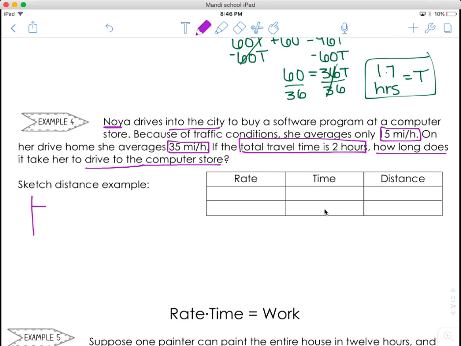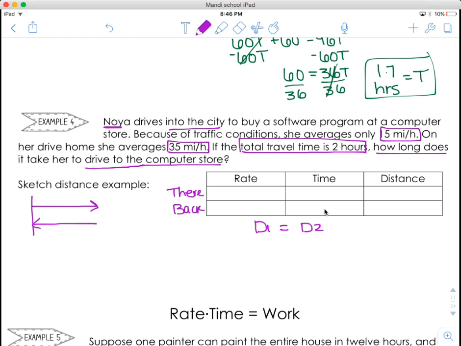She leaves her home, she drives to the computer store, then she gets in her car and she comes back home. So according to the chart that we had at the beginning, this is distance 1 plus distance 2. Nope, how about equals? Distance 1 equals distance 2. So she went to the store, and then she came back.